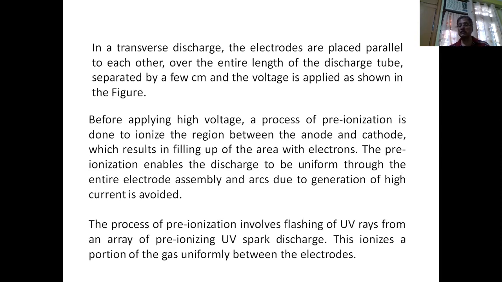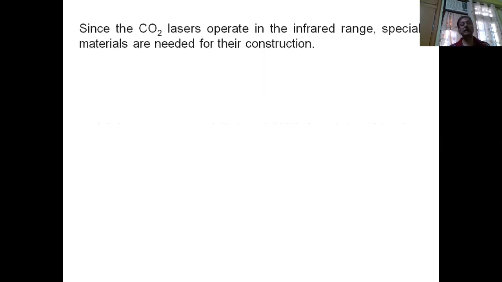The pre-ionization enables the discharge to be uniform through the entire electrode assembly, and arcs due to generation of high current are avoided. So pre-ionization is needed. The process of pre-ionization involves flashing of ultraviolet rays from an array of pre-ionizing ultraviolet spark discharge. This ionizes a portion of the gas uniformly between the electrodes.